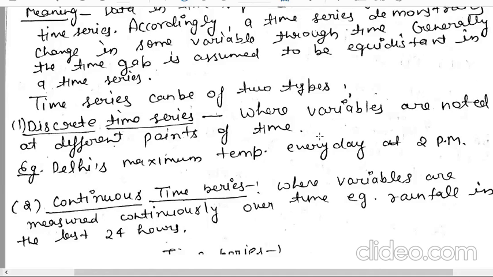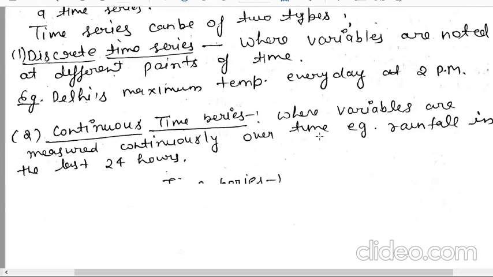And the second one is continuous time series, where variables are measured continuously over time. Example: rainfall in the last 24 hours. Means in continuous, rainfall in the last 24 hours is continuously happening. So these are your continuous and discrete time series examples.